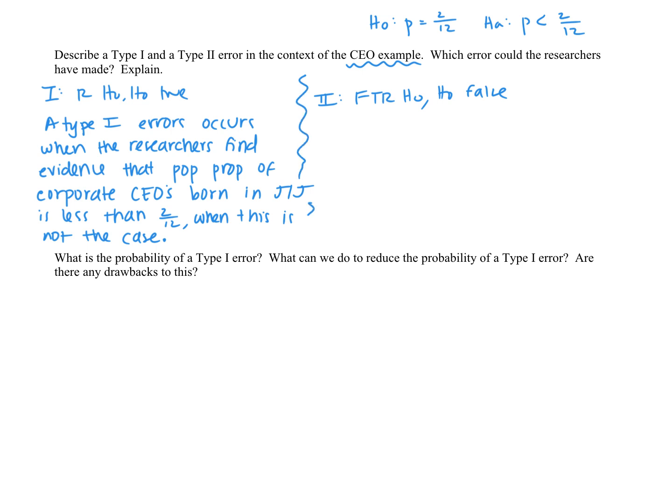Okay, so then a type 2 error. If we fail to reject the null, again, that's always in terms of the alternative. If we fail to reject the null, it means there's not enough evidence for the alternative.